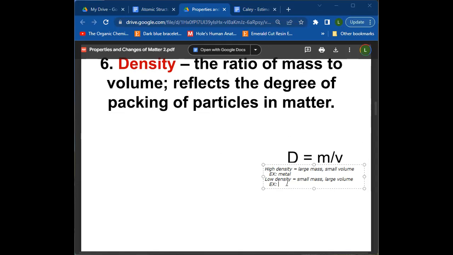And then an example of something with a low density would be gases. Because the particles of gases are very, very small. They have very little mass to them at all. But the particles spread out and can take up a huge amount of space. So they take up a large volume.